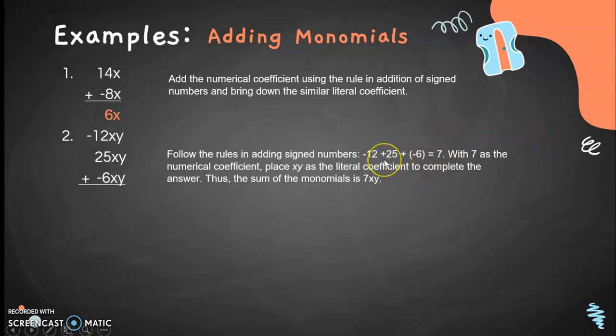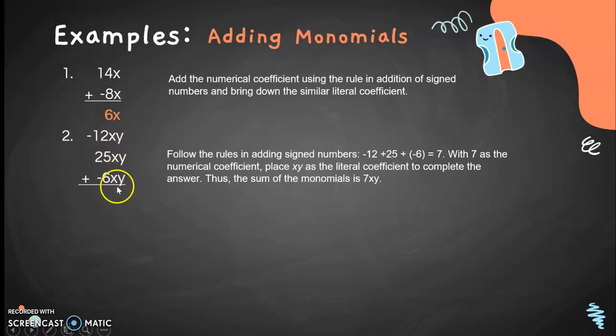Positive because the sign of the number with the greater absolute value is positive. So with 7 as the numerical coefficient, place xy as the literal coefficient to complete the answer. Since we already have the answer for the numerical coefficient, we just affix xy, which is common to all three.